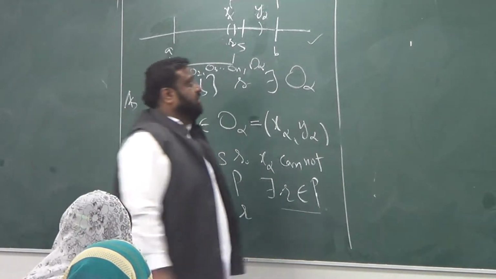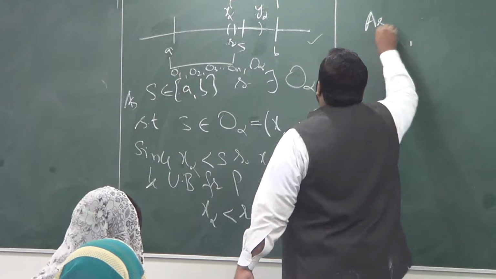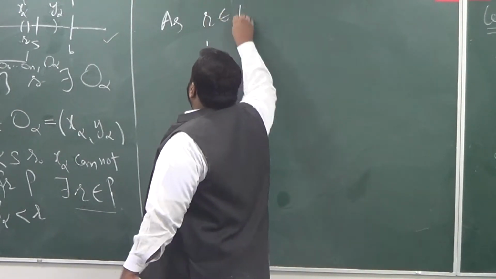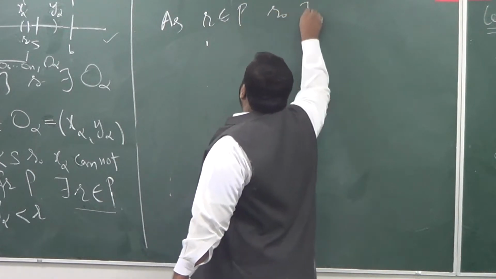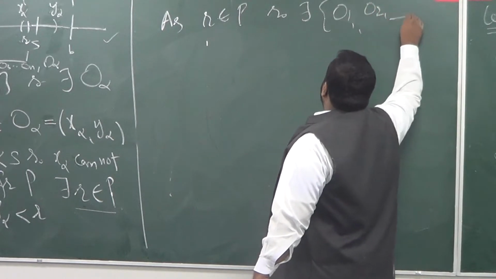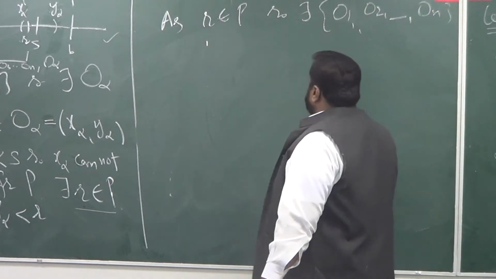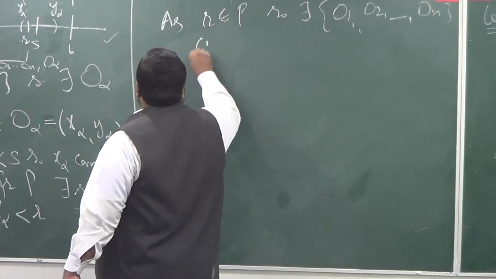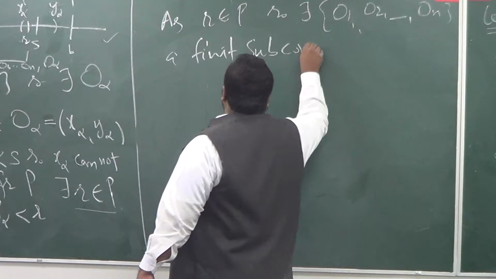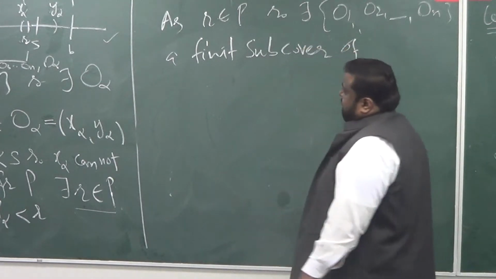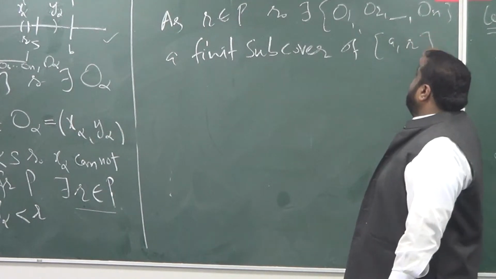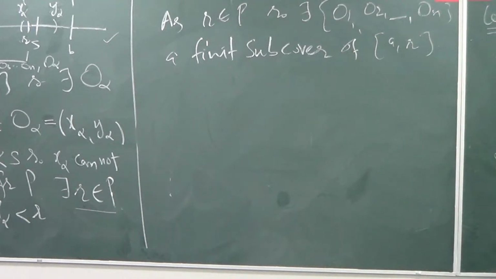So let's put it as R in P. So there exists O1, O2, some On, a finite subcover of A to R. Okay?